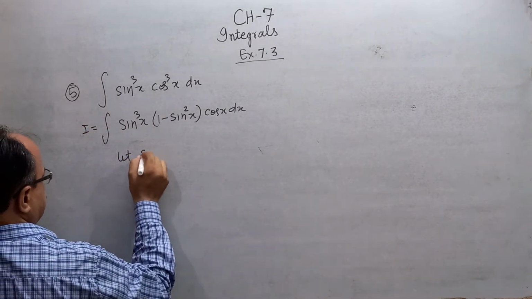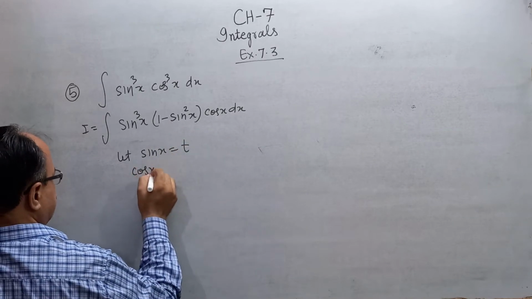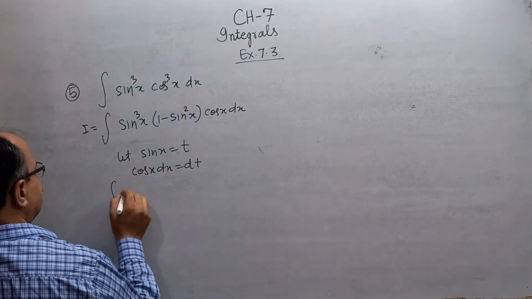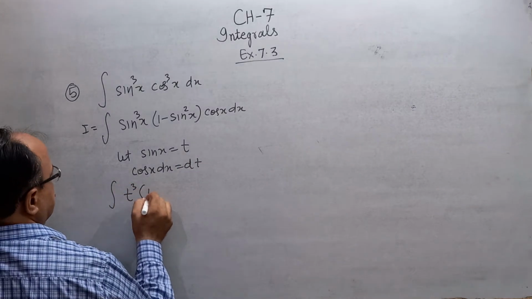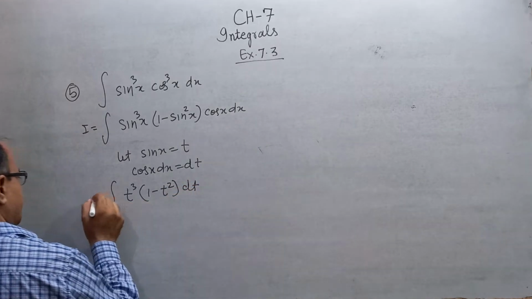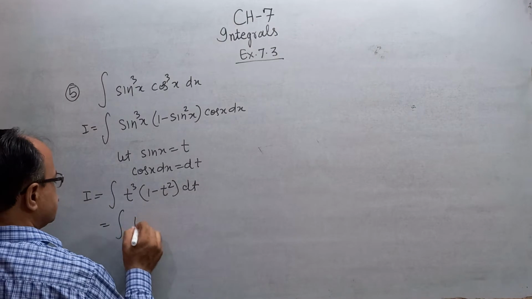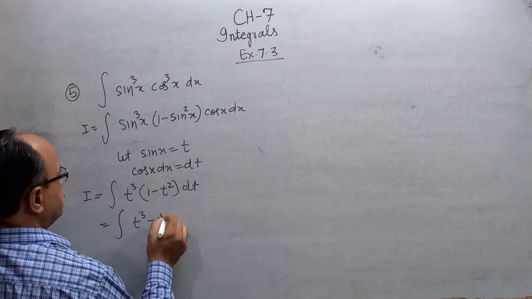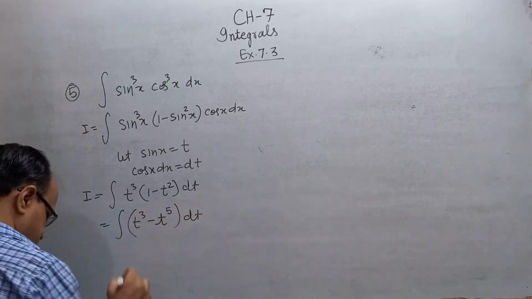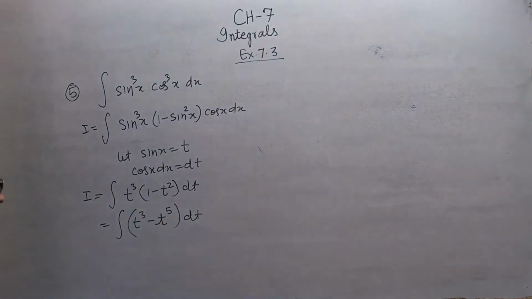Let sin x equal t, and the derivative, cos x dx, is equal to dt. Therefore t cube into 1 minus t square dt, that is t cube minus t to the power 5 dt. Further you can solve. Correct?